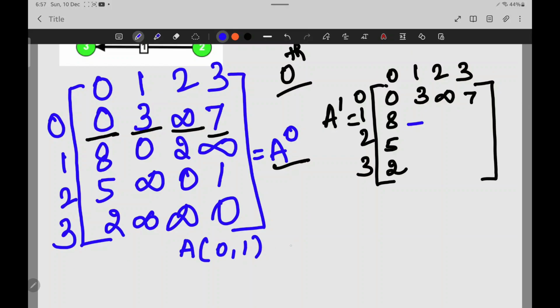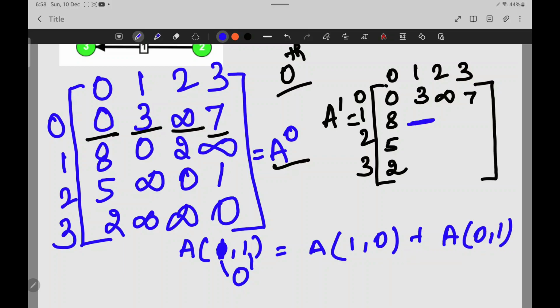Now the value 1, 1. Via 0, so 1 to 0, 0 to 1. We need to find A of 1, 0 plus A of 0, 1. Here we need to compare the direct value of 1, 1.